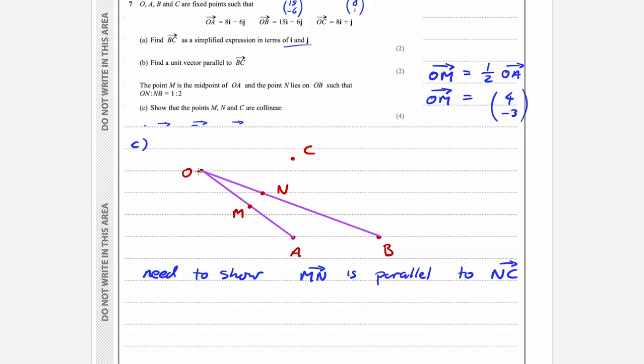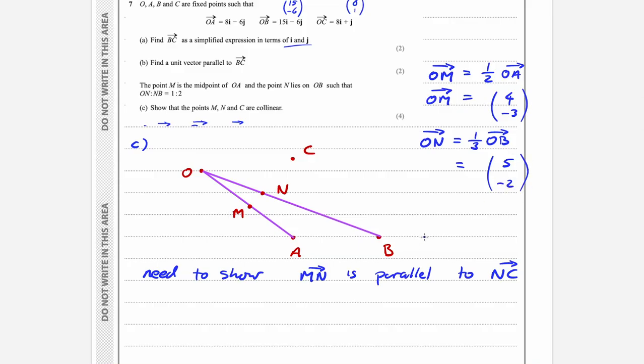And then I can find ON. ON is equal to 1/3. Be careful, guys, because it's in the ratio 1 to 2. So this is like 1/3, and this is 2/3 of the line. So it's 1/3 of OB, and OB is 15, negative 6. So this is equal to a third of 15, which is 5, and negative 6, a third of that is negative 2. Okay, so now I have OM and ON.